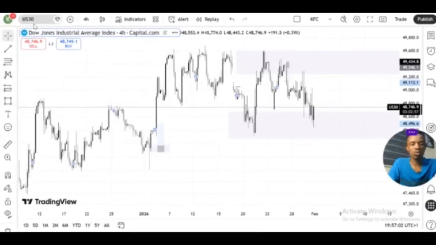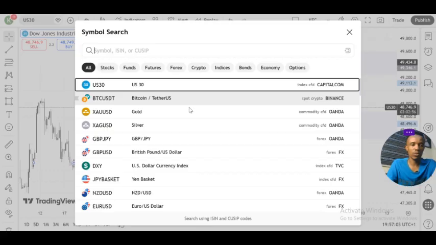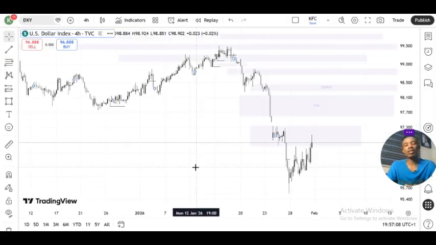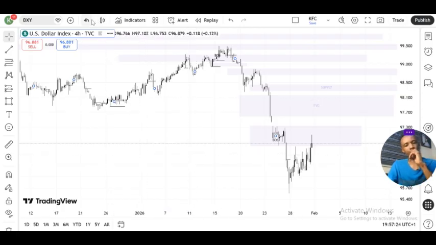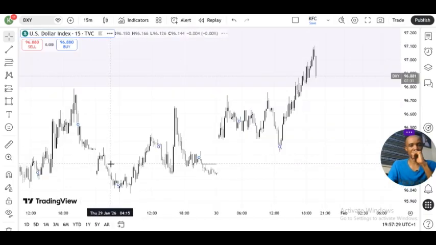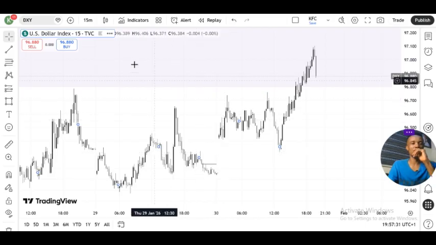Let me take you straight to the dollar index and show you a few things. Alright, so this is the dollar index, and the dollar index works directly proportional to GU, AU, EU, and the rest of all the U's. All we just need to know is if it's going bearish or bullish. Right now you can see it's been going bullish, but it's now on a strong demand zone. So for me, first thing first, I'm going to like to go bearish inasmuch as I'm seeing that imbalance.